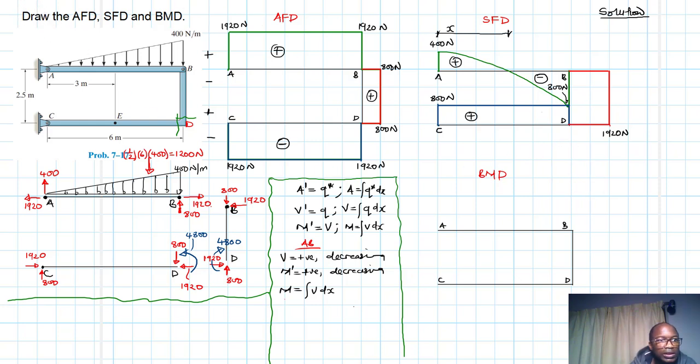So from a to b, v as a function of x is going to be equal to the initial value at a, which is 400.